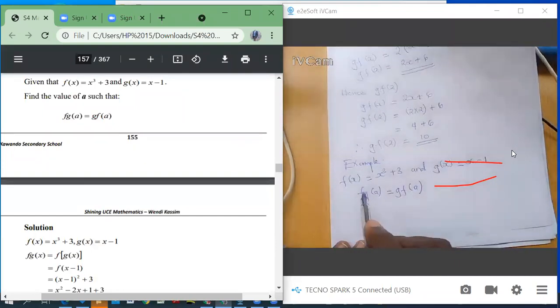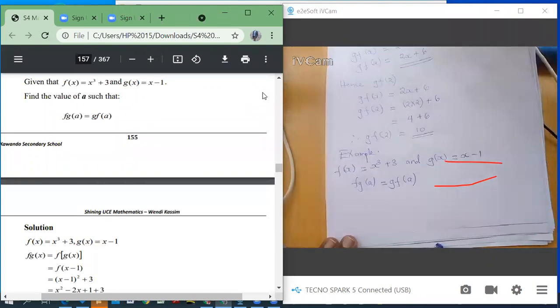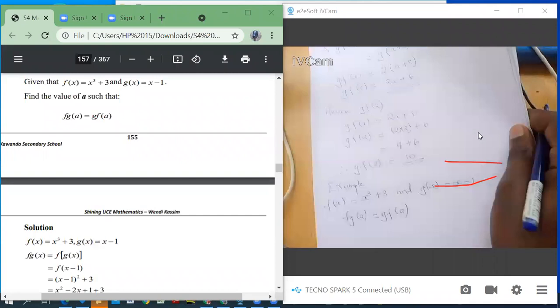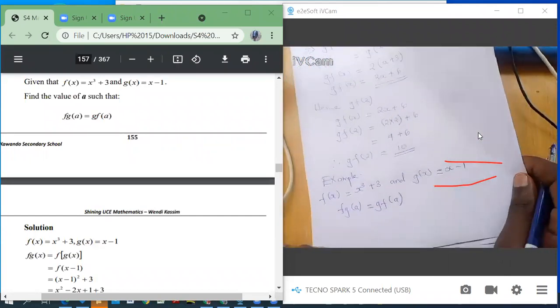So what do we do first? We first get f g of x, then we get g f of x.